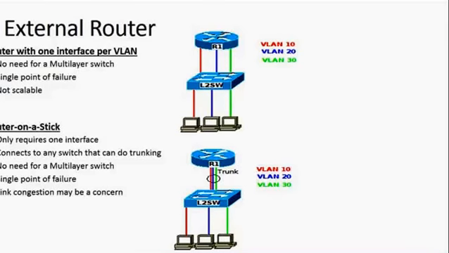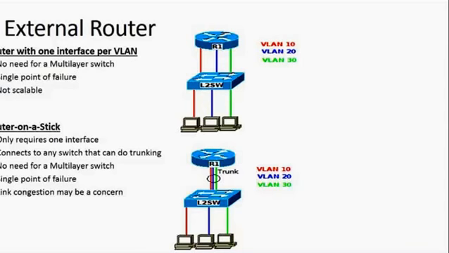The advantage is that I don't have to buy a multi-layer switch again. If I've already got a router and a layer 2 switch, and now suddenly I want to route this traffic, I can connect my router up, connect the trunk, and configure it. This will work with any switch that'll do trunking. So as long as my switch can do trunking and can have VLANs configured, I connect my router up and I can configure it.